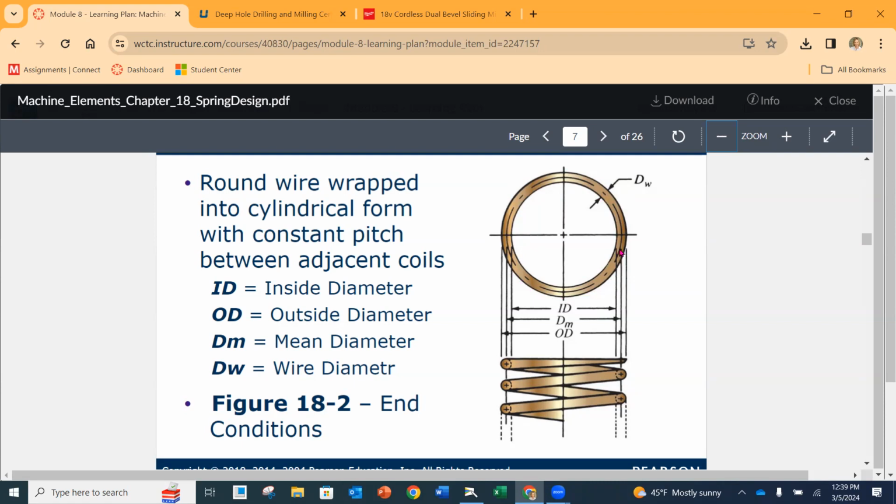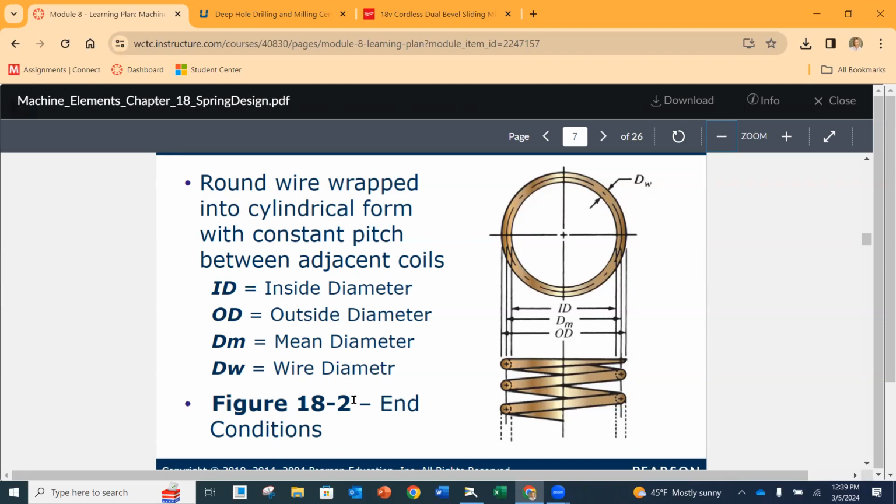The mean diameter is exactly halfway between the inside and the outside diameter, or we could say it's the outside diameter minus the wire diameter. The wire diameter is the thickness as we go around each one of those coils. And we're going to assume all the applications we're looking at use circular or round wire.